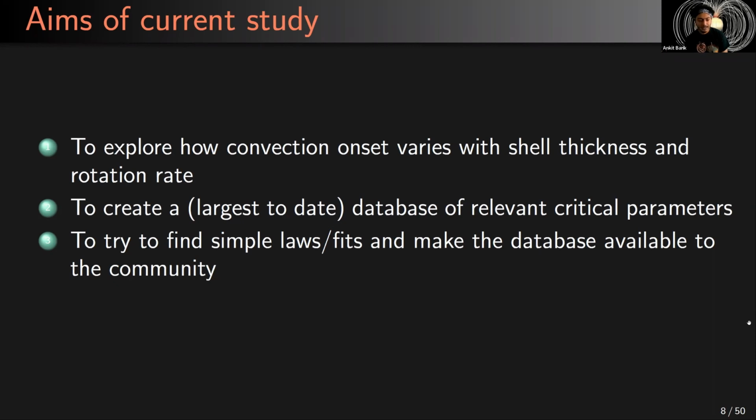And in the process, we try to find simple thumb rules or fits to the parameters we have that can predict critical quantities reasonably well.